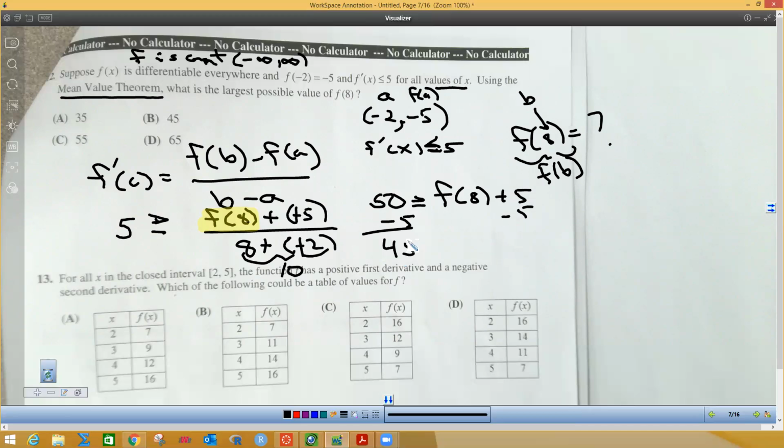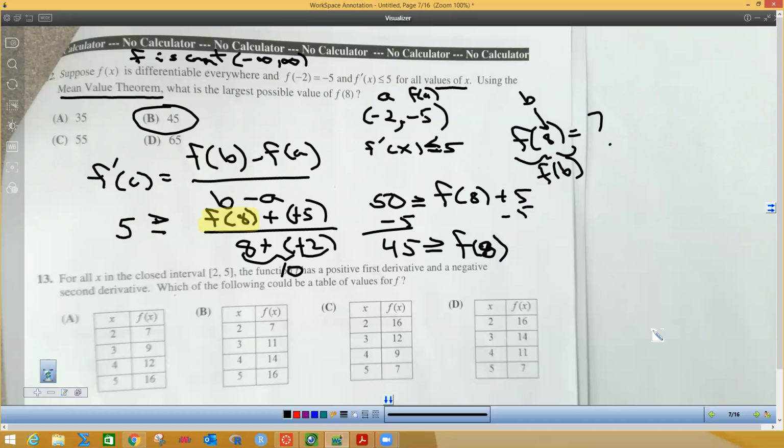So I get 45 is greater than or equal to f of 8. So the greatest possible value for f of 8, since it's less than or equal to 45, is 45. That's the biggest possible value for f of 8. Kind of a hard problem.